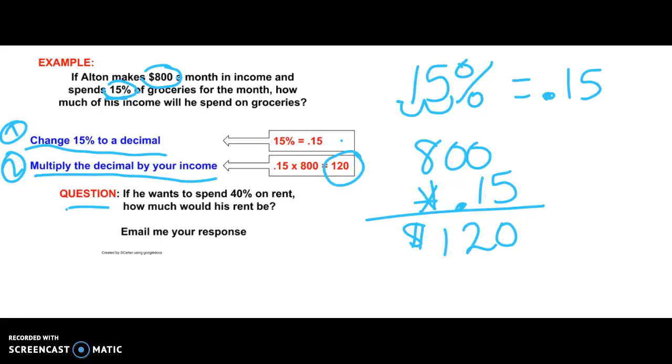Now I want you to try this question that I've asked you here and find out how much will he spend on rent if he wants to spend 40% of his income. I'd like for you to email me your response and let's see what you come up with, okay? So if you could video it, I'd be glad to hear what you had to say about this particular problem.